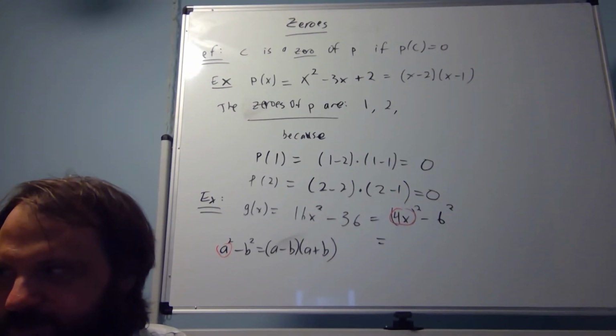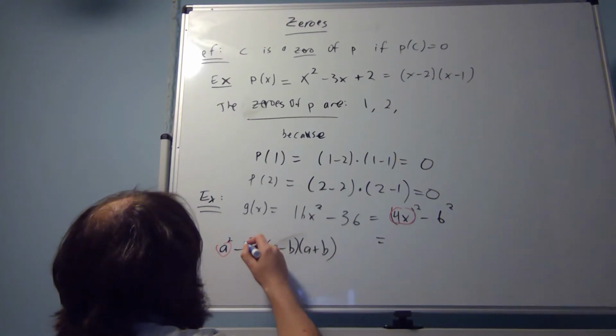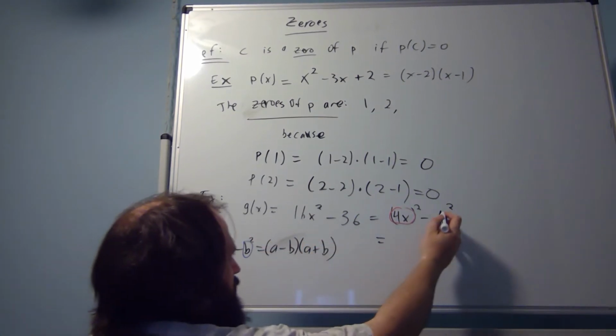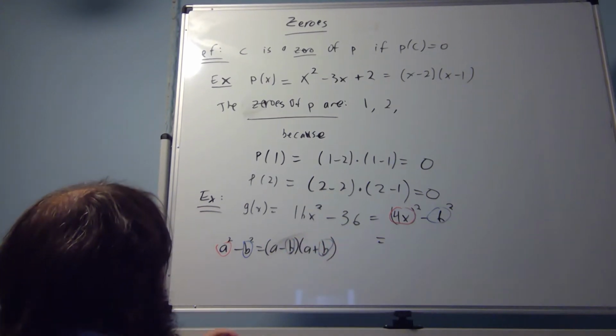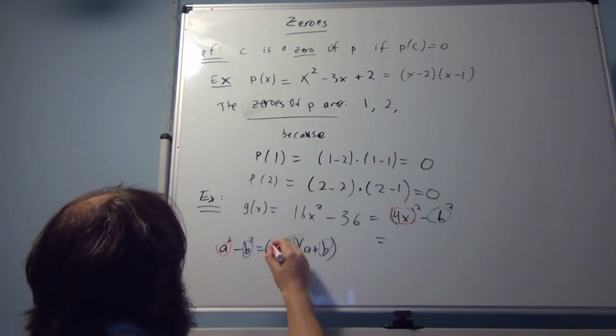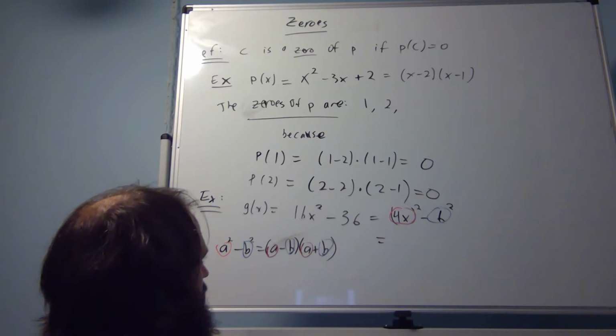Okay, let's see here, the marker. We've got something playing the role of B. Here's A, so we have 4x in parentheses squared.